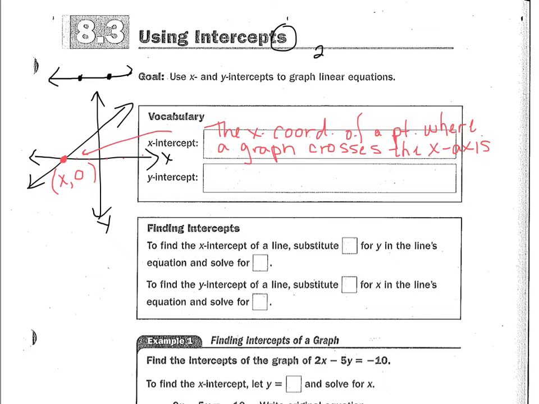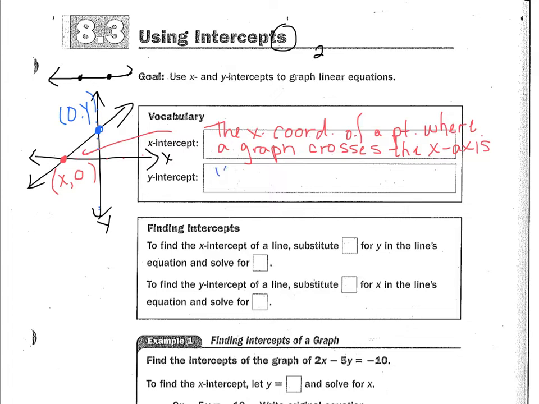So now, on the flip side of that, the Y-intercept, it's where it intersects the y-axis. Let's think about this too. What's not going to change on every Y-intercept? Every time it hits the y-axis, what's not going to change? Well, notice on the y-axis you're not moving any right or left, so it's always going to be 0 for the x and whatever your y value is.